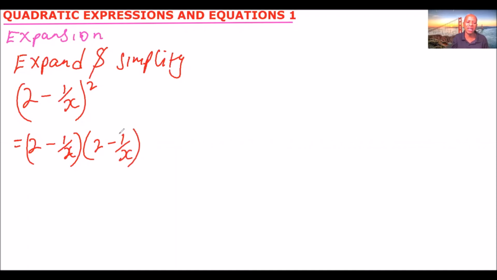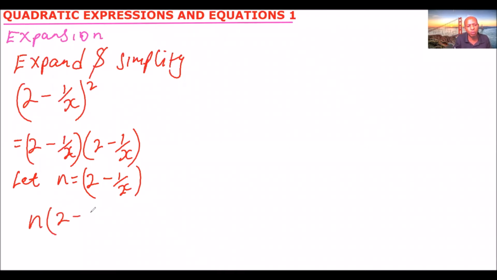And when you have that, then we use the same procedure and say let our n, this time you can use any letter as long as you are comfortable with that, be our 2 minus 1 over x. So what we do here is we substitute n.